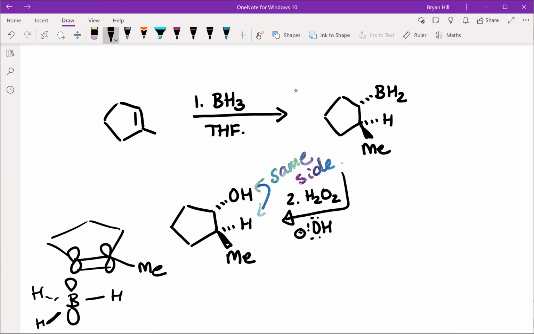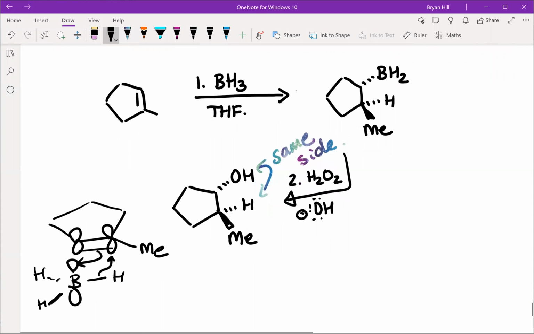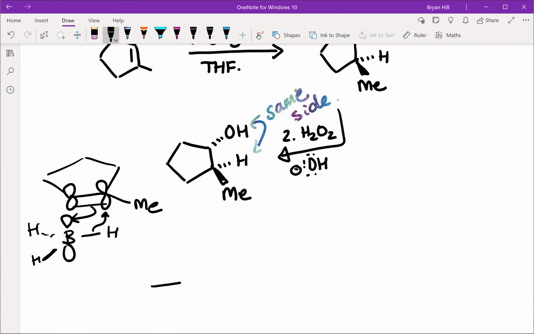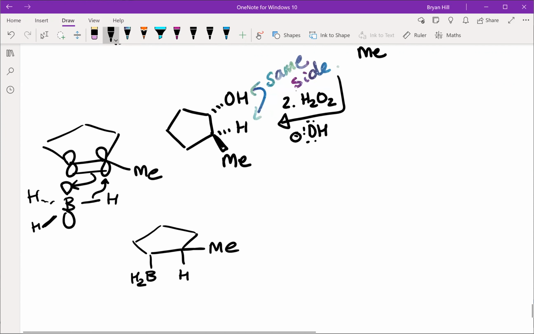So these electrons are going to go attack there, and as it's doing that, this hydrogen is going to go there. So in the course of the reaction, that means that the H is down and the BH2 will be down. So they'll be on the same side.